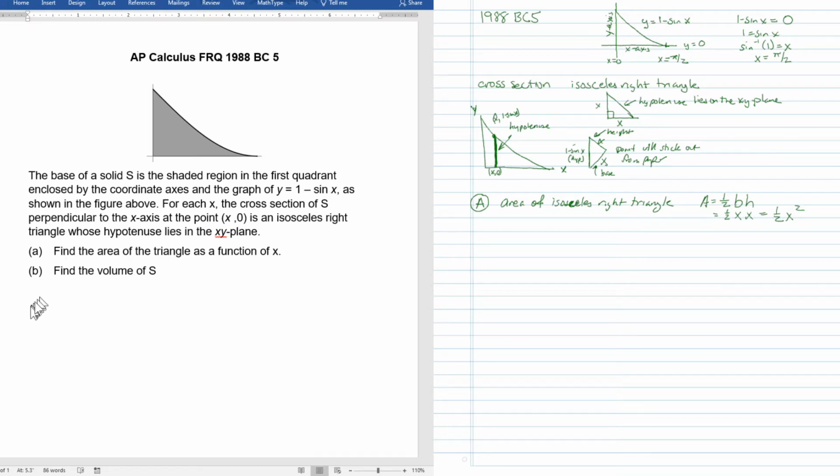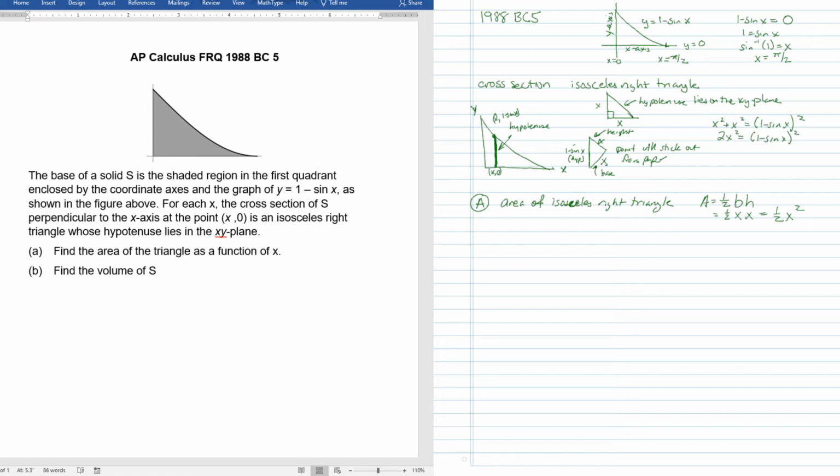But I also know that x squared plus x squared equals 1 minus sine of x squared, because that's the Pythagorean theorem, which says that 2x squared is equal to 1 minus sine of x quantity squared.